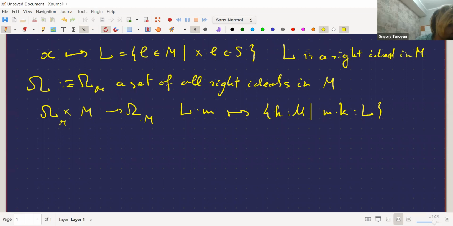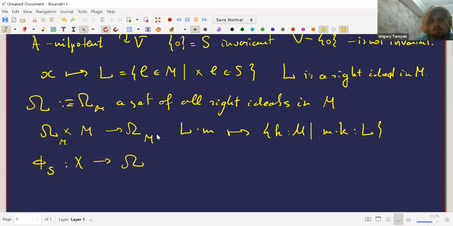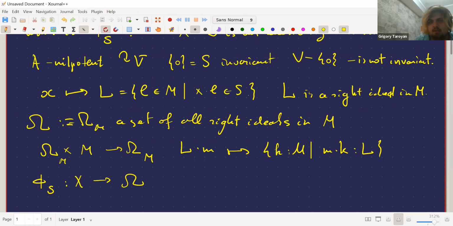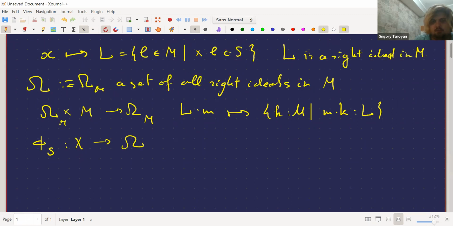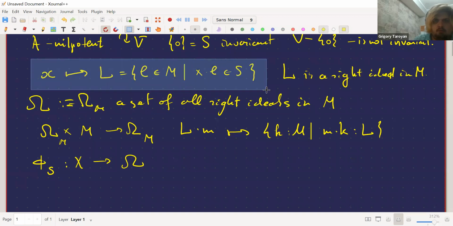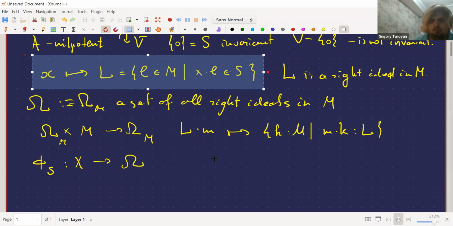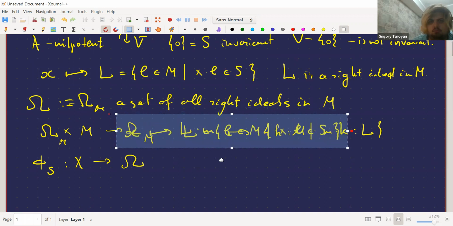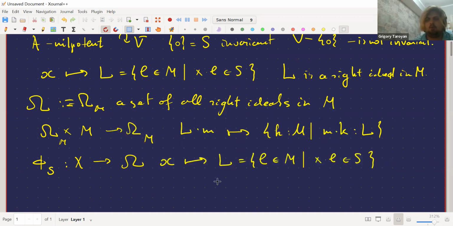Okay. Now we define the characteristic function. The characteristic function looks like this. It just maps each point of X into the following ideal. Let me just copy it real quick. Okay, so that's our characteristic function.